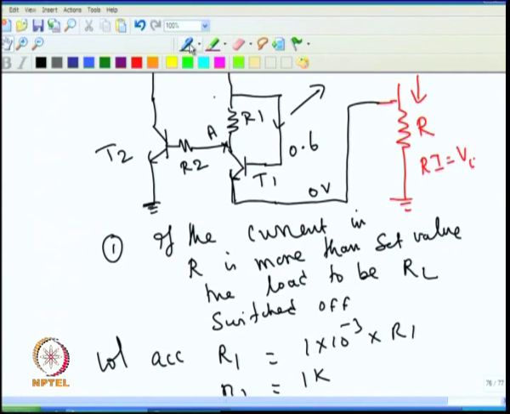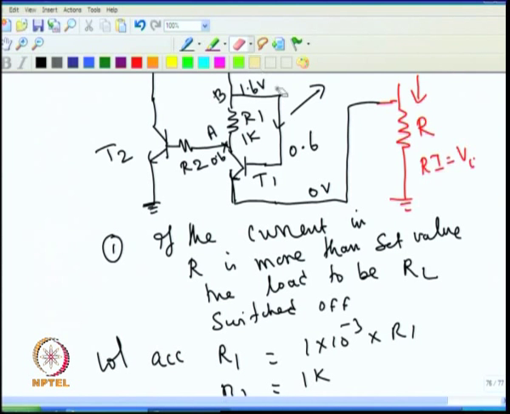If I want 0.6 here at A, I call this point B, and point B must be 1.6 if the current is flowing through this and the current flowing through the base is negligible. Then if the entire 1 milliampere flows through this, and I take this as 1 K, the requirement is 0.6 volt at this point, and then 1 volt across this will make it 1.6 volt.